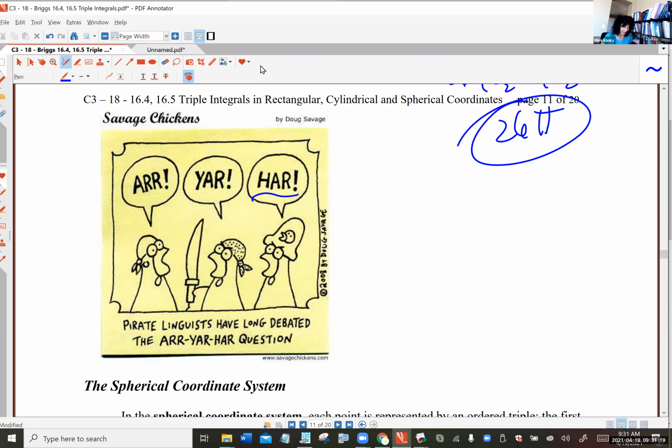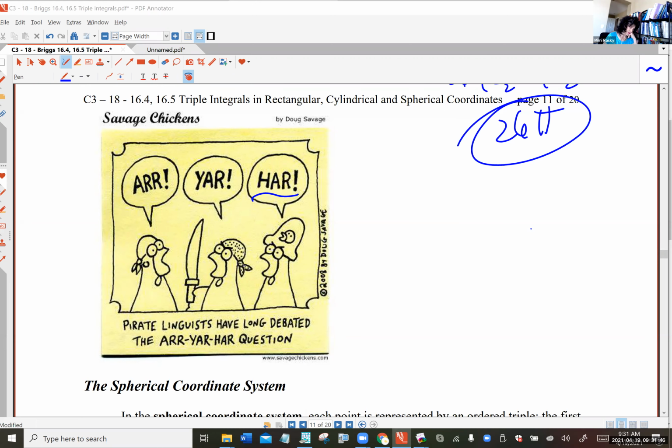That could be the debate. We could sit here for the rest of the class and debate which one of those is the better choice to be a pirate. I don't know. It's up to you. Chat says, these memes keep me going. Well, I'm glad because we got to have something. Otherwise, it's zoom, zoom, zoom the whole time. And we're just zooming away.